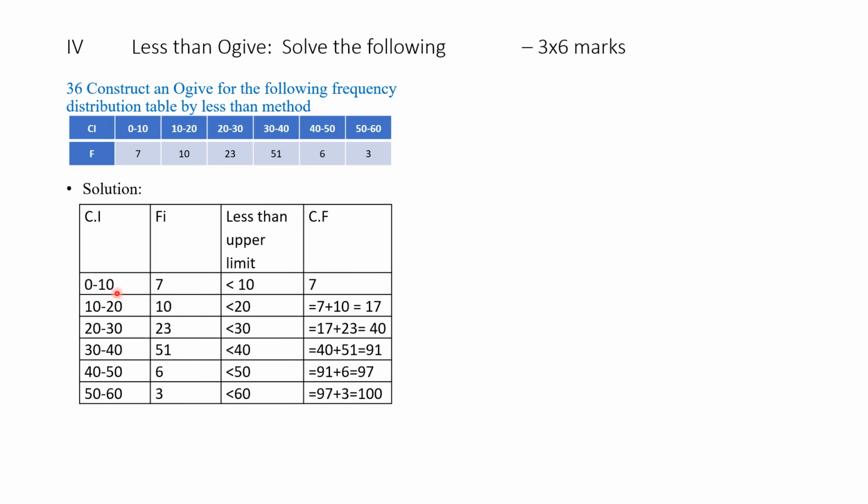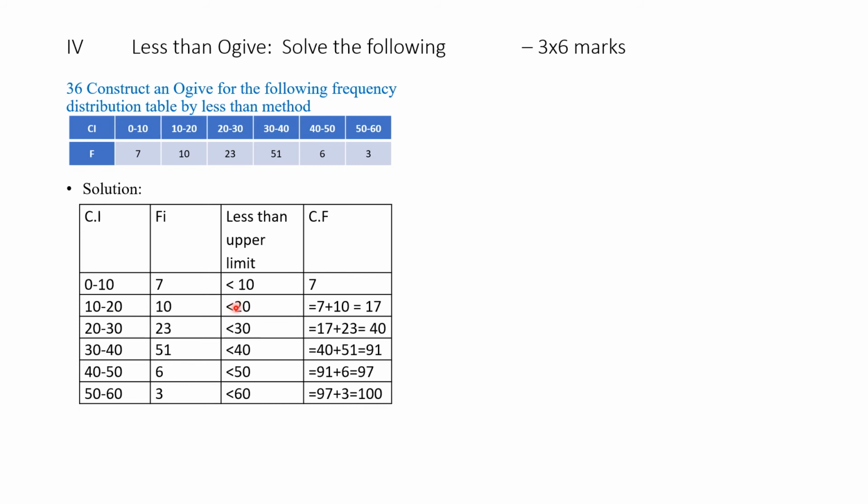Here we have to record the upper end. Therefore, we take the upper value 10 from 0 to 10, so please write 10 here. Less than 10, how many are there? The maximum is 10, and less than 10 is 7. So, the cumulative frequency is 7. Now the next highest value is 20.